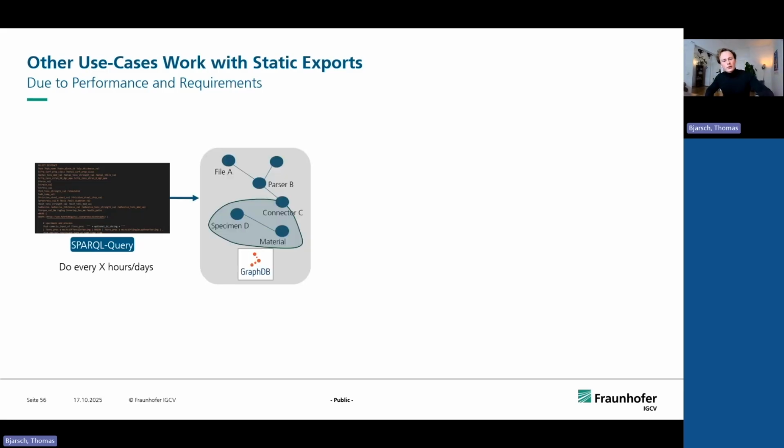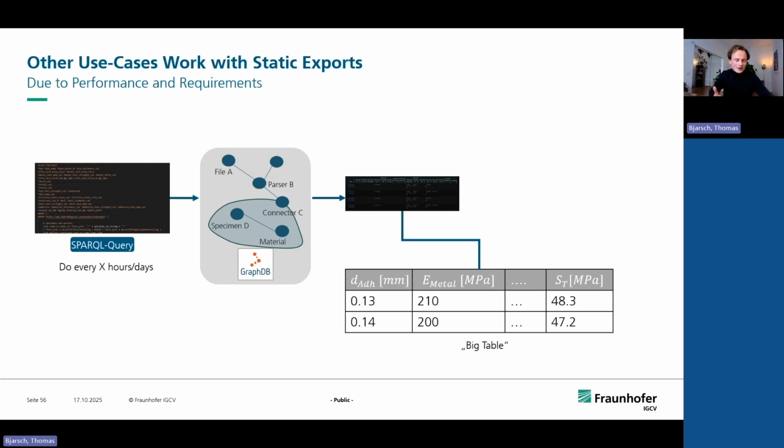The query is sent to the triple store, and as an output, we just get a big table. It has about, I think, 60 columns, and every row represents one specimen in this case. This big table is then uploaded as a JSON file to the blob storage.